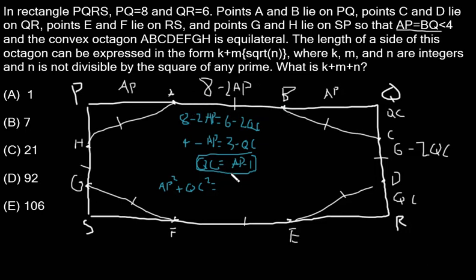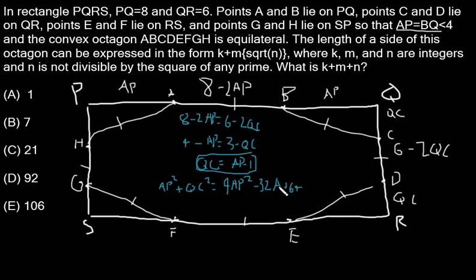And 8 minus 2AP, that quantity squared, is going to be equal to, I did the math already, 4AP squared minus 32AP plus 64. Let me refer back to my paper over here.